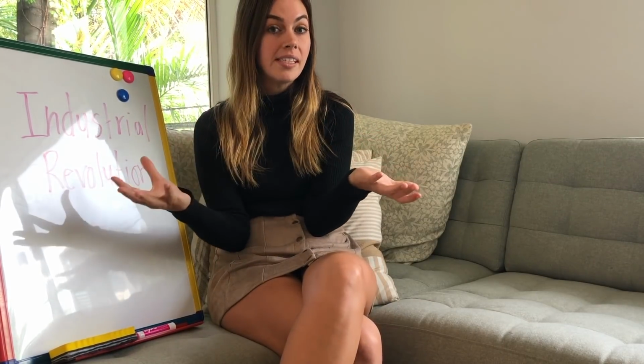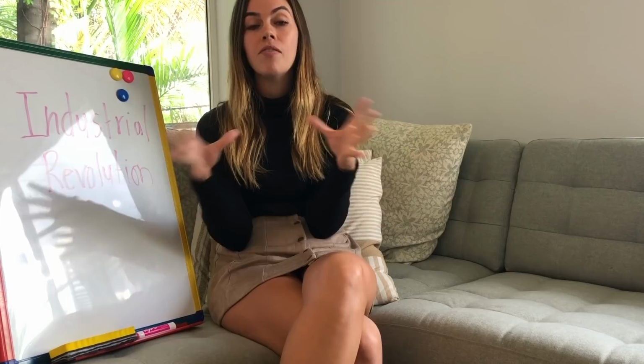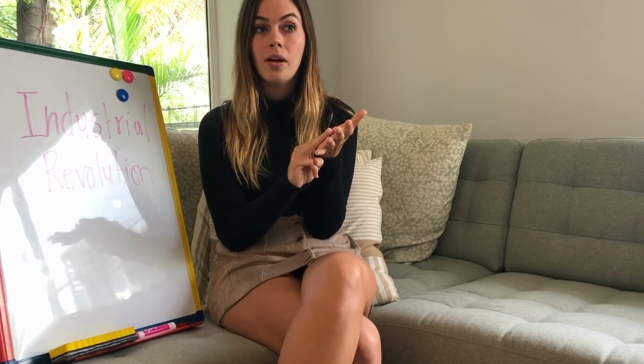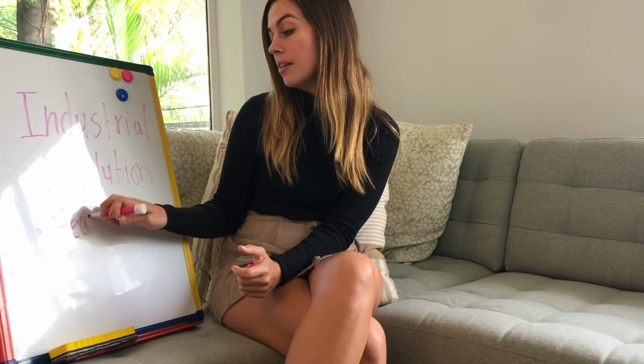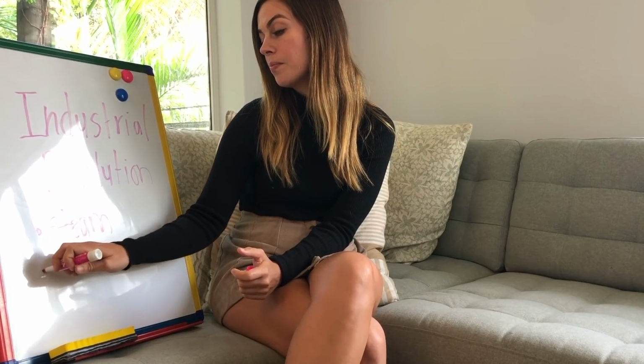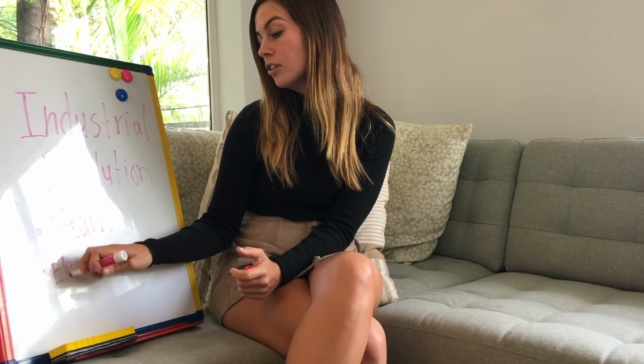So the Industrial Revolution, what was it? It was just a change in manufacturing methods from the domestic system to the factory system. So the development of new sources of power, so steam, electricity, and oil, was a very big deal.